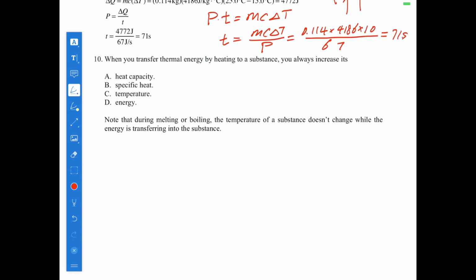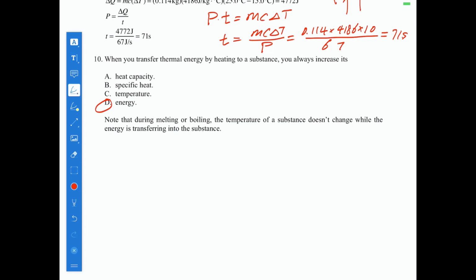When you transfer thermal energy by heating to a substance, you always increase its temperature? Now, heat capacity depends on the mass. So for the specific piece of substance, it won't increase its heat capacity. Same for specific heat, it is material dependent.